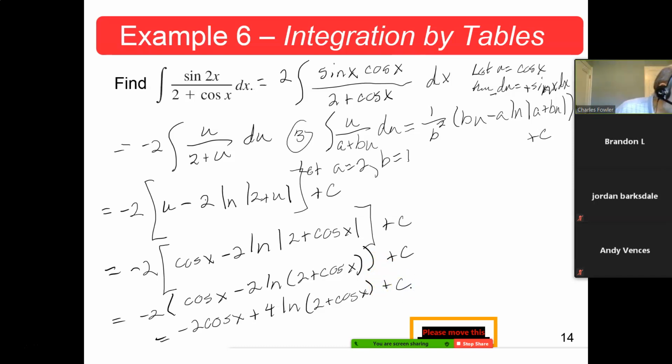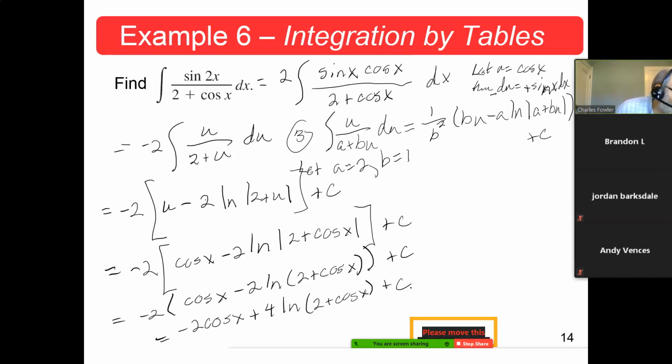Let's see what they got. Minus 2 cosine x plus 4 log. They left the absolute values on there, but they're not necessary in this problem. You can do it with parentheses, because cosine x is never less than -1. And 2 plus a -1 is a positive number, and any other value for cosine x is going to be greater than that. So you don't need the absolute value.